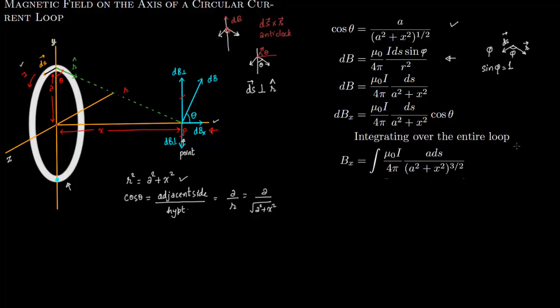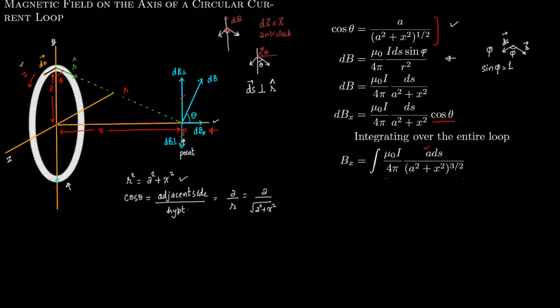You integrate, so you put an integration sign. So instead of cos theta, now you're plugging in the value a over a squared plus x squared to the power of half. So you get a here. You multiply a squared plus x squared to the power of half with a squared plus x squared. You get a squared plus x squared to the power of 3/2. So everything is constant here except this ds.